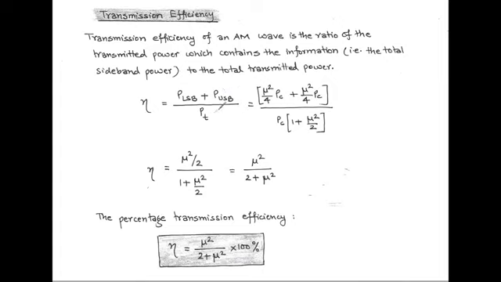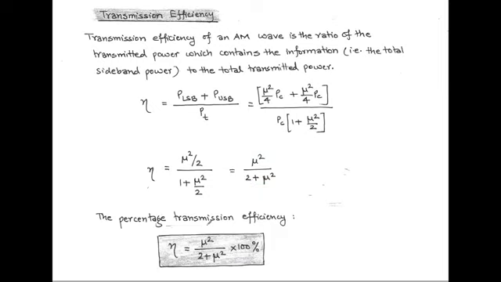So in place of upper sideband and lower sideband power, we can write mu square upon 4 into Pc, and in place of total power PT, we can write Pc within bracket 1 plus mu square upon 2. After calculation, Pc is cancelled and we get the transmission efficiency formula, that is mu square upon 2 plus mu square.